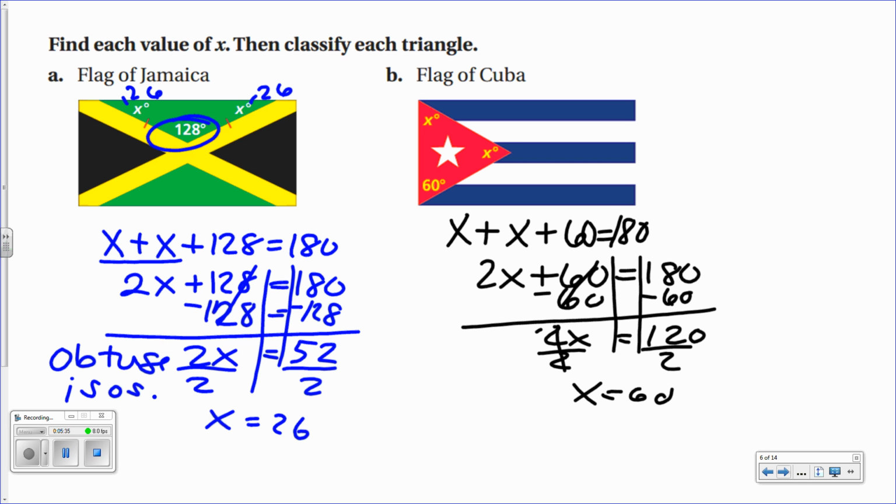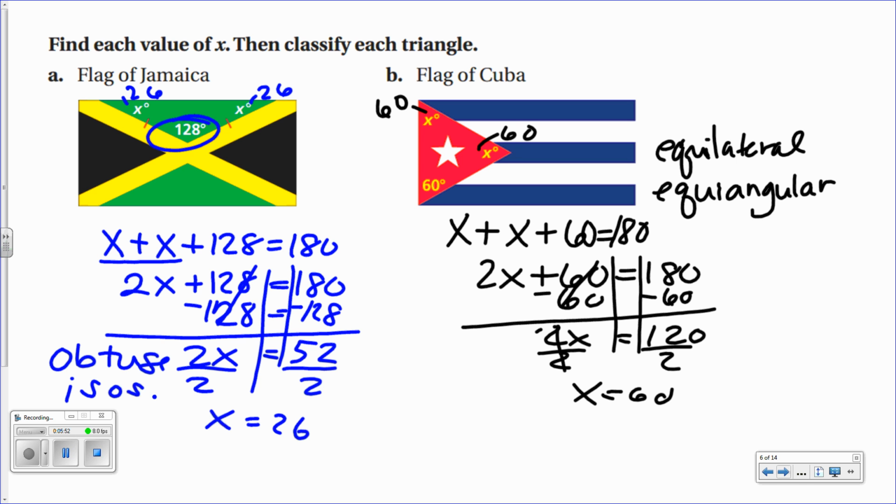Some of you might have figured that out just looking at it. I'm just showing mathematically how you can solve that. So they're all the same. This is a special triangle. It is equilateral. And it is also equiangular. An equiangular triangle is a special type of acute triangle where they're all 60 degrees.